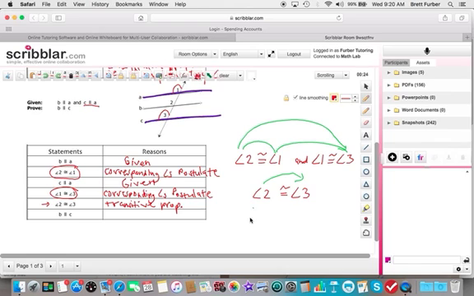Since that's the transitive property, I want to look now at where those angles are located. Look at where angle 2 and angle 3 are located, and then look at what the last statement says: line B here and line C here are parallel.